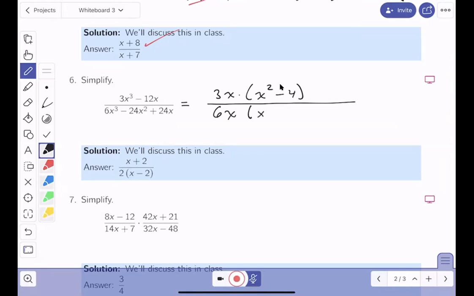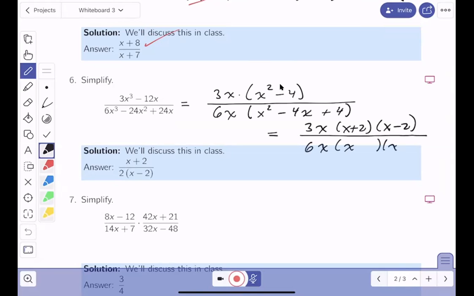X squared minus 4x plus 4. All right. By the way, I can still factor, and I'm going to factor until I can't factor anymore. 3x, x plus 2, x minus 2. The bottom, 6x, x and x, minus 2, minus 2.